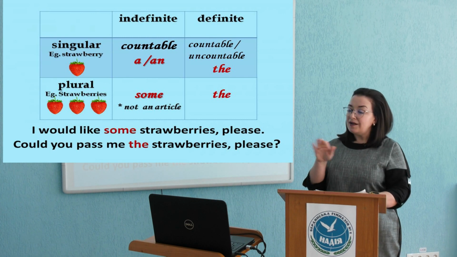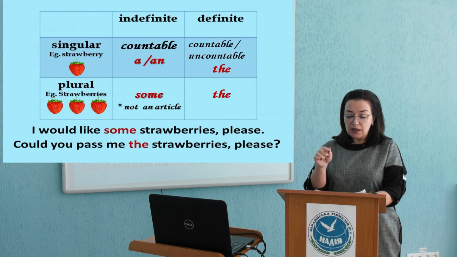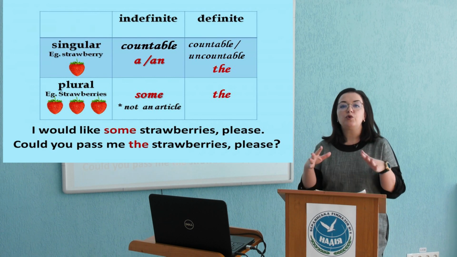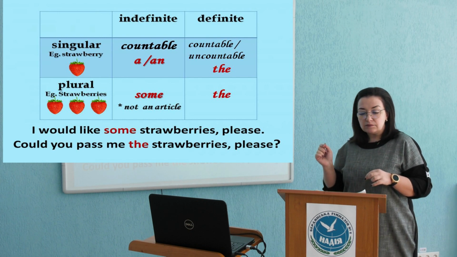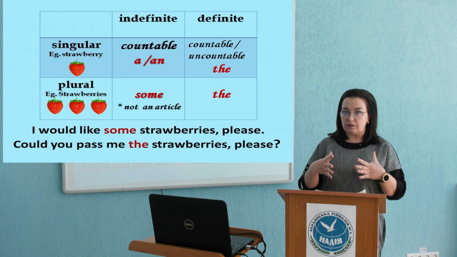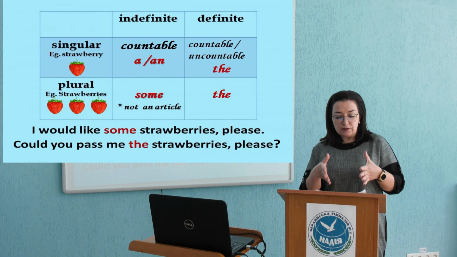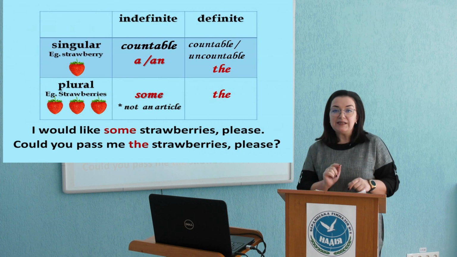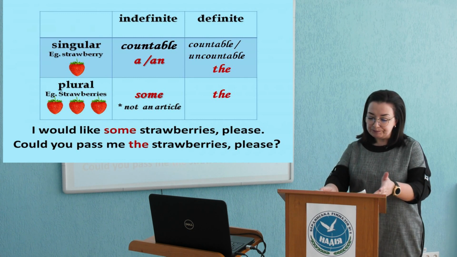And though we can't use the indefinite singular articles a or an when we talk about plural nouns, we can use some instead. You know, some is not technically an article, but if you are using a plural noun, and if you are not being specific about it, some is the perfect choice.